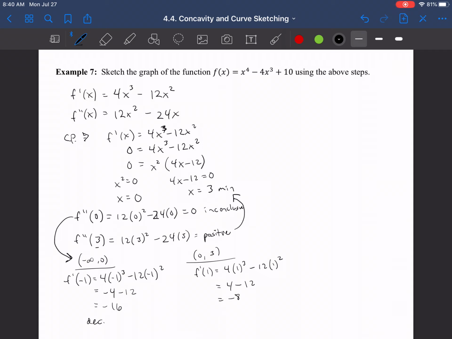It's negative 8. And so this is also decreasing. So what we see here is our slopes are not changing sign. In other words, we're coming along with a negative slope, we're going to a 0 slope, and then after x equals 0, we're going back to being a negative slope. And therefore, this tells us that x equals 0 is a point of inflection, right?